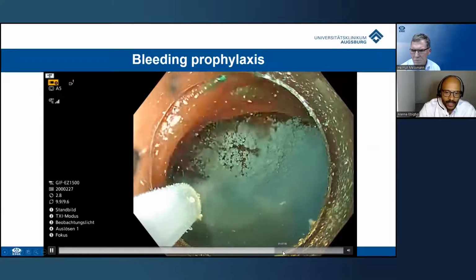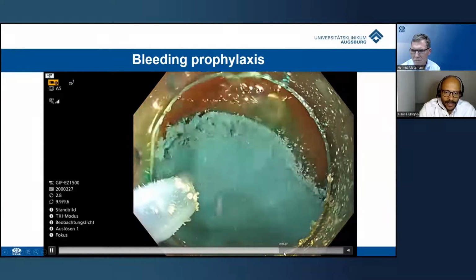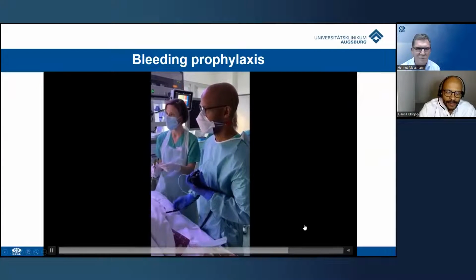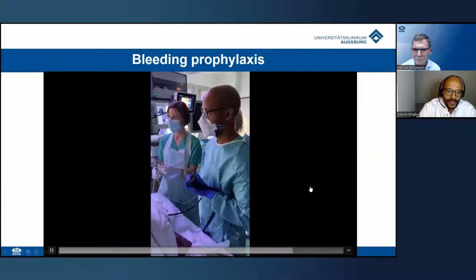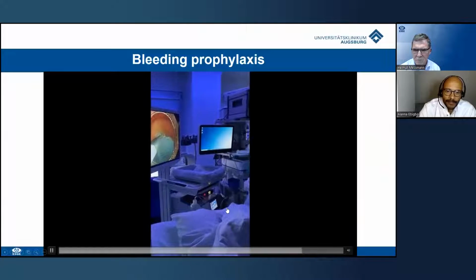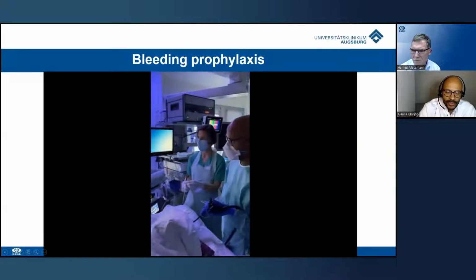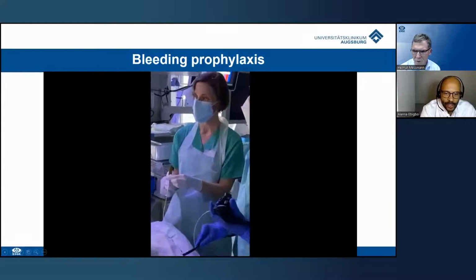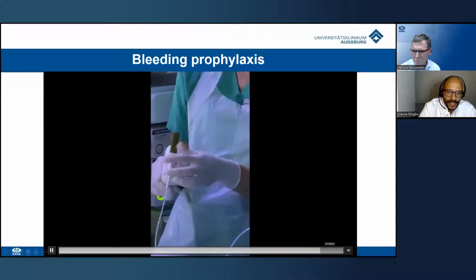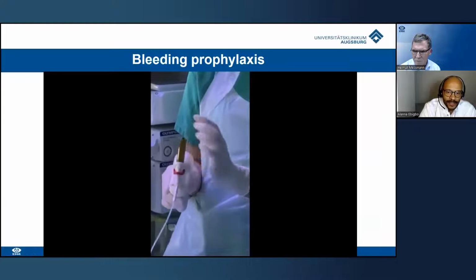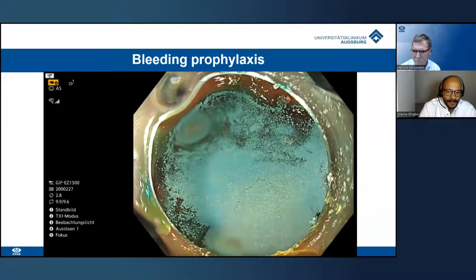In this situation, it was Nexpowder. Nexpowder, like Hemospray, forms a mechanical barrier which improves coagulation below the mechanical barrier, thereby lowering the possibility of delayed bleeding. Application is very easy, as you can see here.